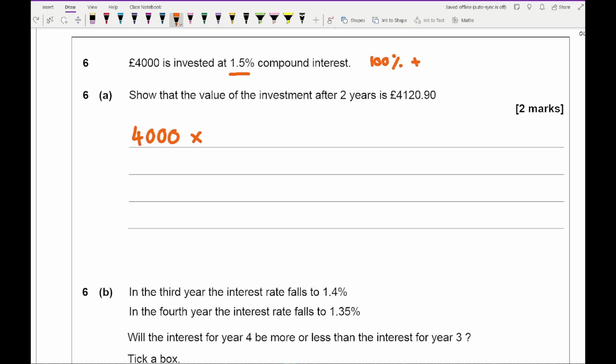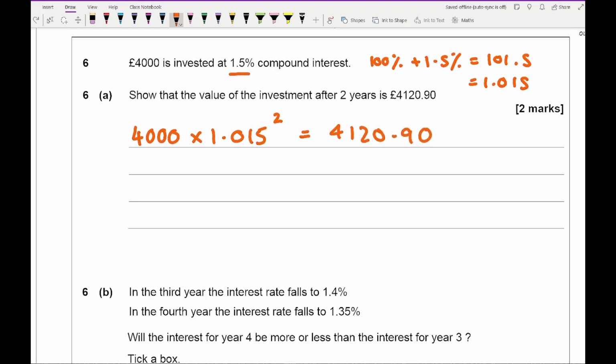So it's 100% plus 1.5%, which is 101.5%. Convert that into a decimal, so that's going to be 1.015 to the power of the number of years, which is 2. So if I type that into my calculator, I do get an answer of 4120.90. But this is what we want to write.